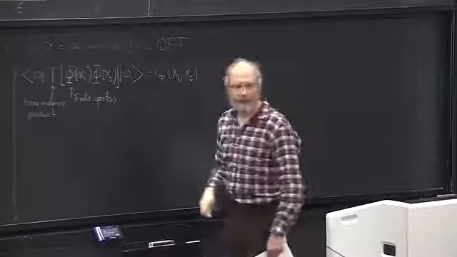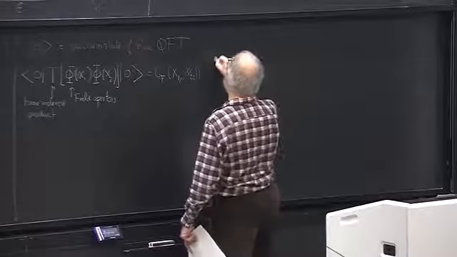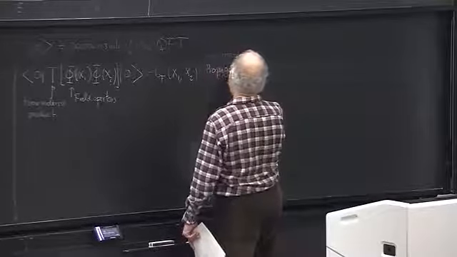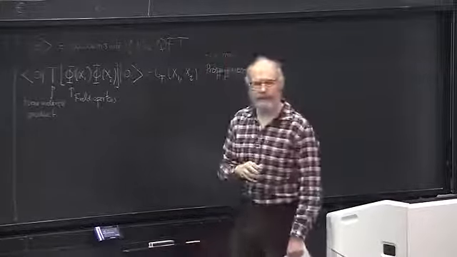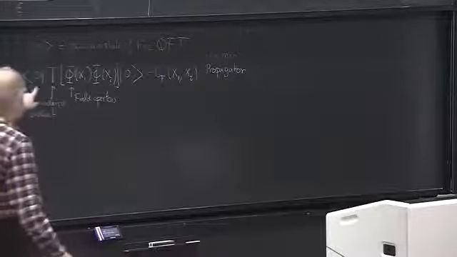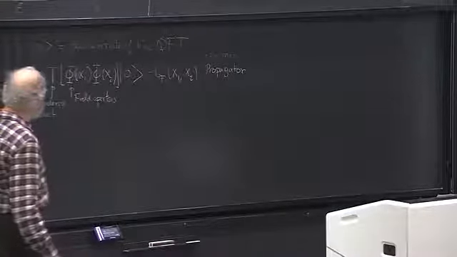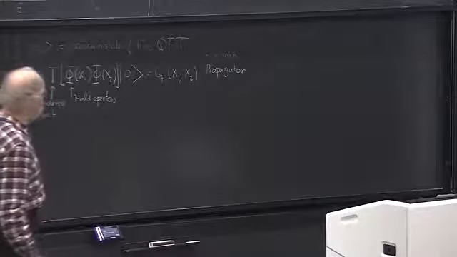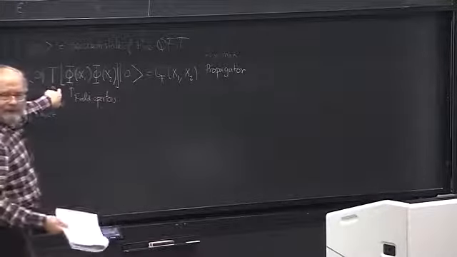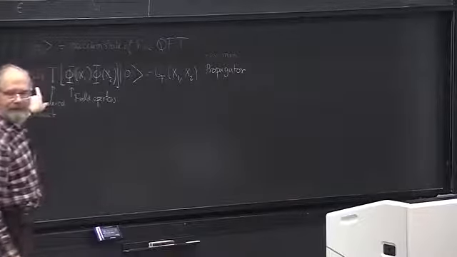And in QFT1, you have seen that this is called the Feynman propagator. So we're interested in computing this kind of things. So the question is, how do we compute by path integral method or functional integral method matrix element of operators between the vacuum, so vacuum to vacuum matrix element? Okay.